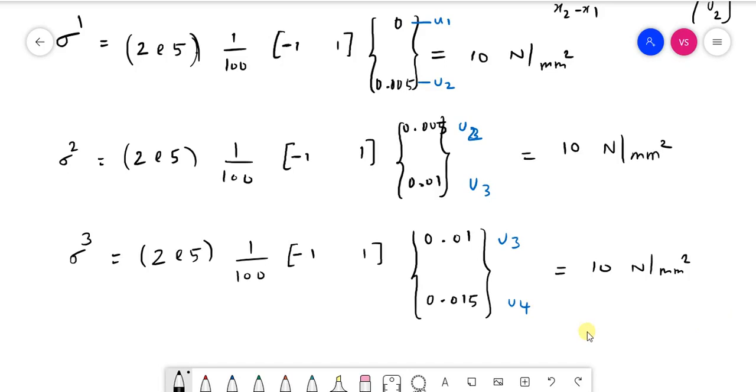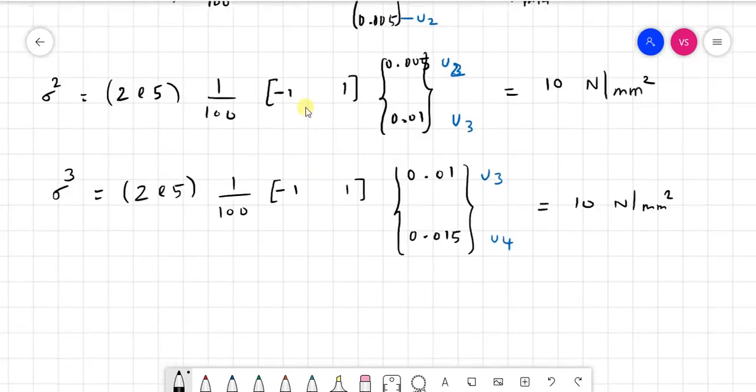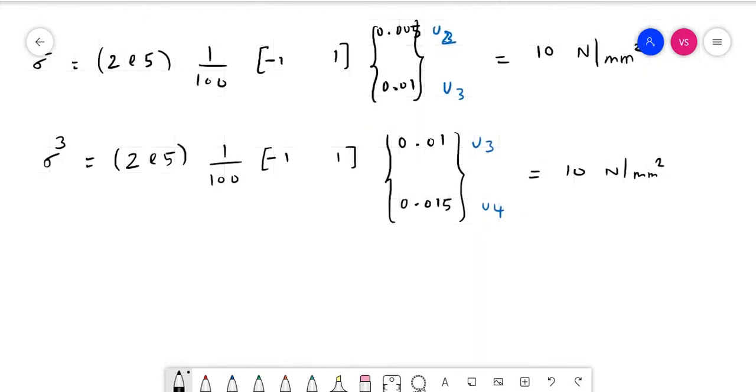How do we know this is correct? How do you know these stress values are correct? Because it's a very simple problem of a bar of area 100. We can check it.